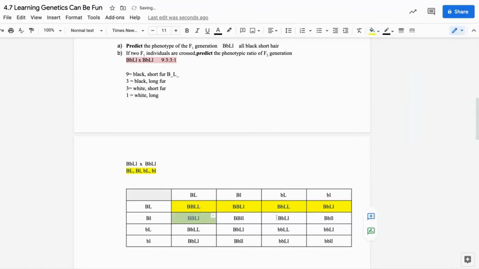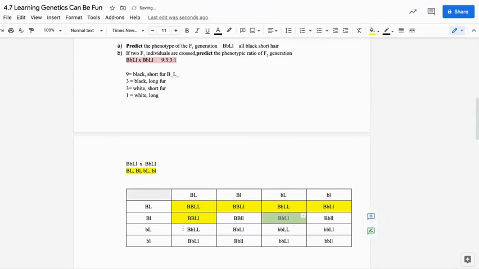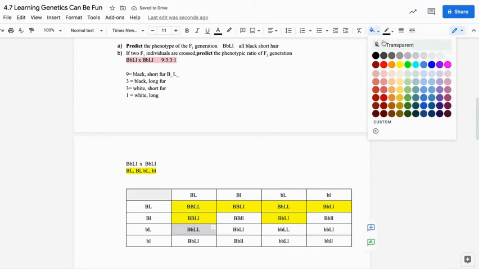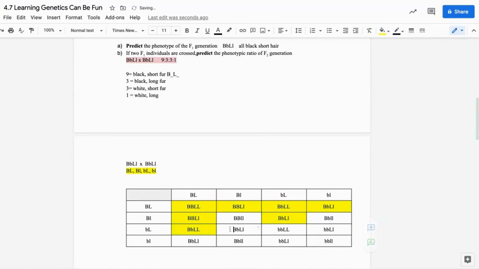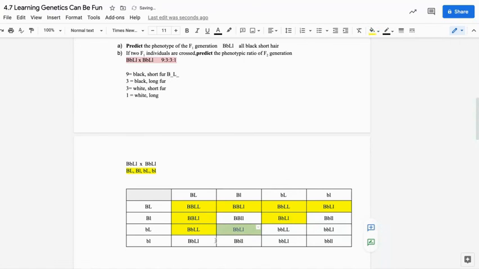Okay, yep. And nope. Yep. And yeah, I should have done that one too. Nope. Nope. Yep. Nope, nope, nope. Okay, so there we go. There's our 9 in yellow, 4, 5, 6, 7, 8, 9. There's our 9 that are going to have the phenotype of black short fur, dominant traits.